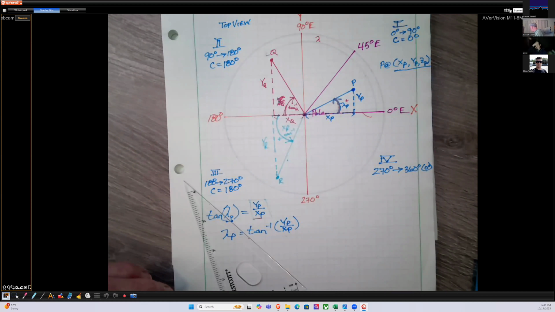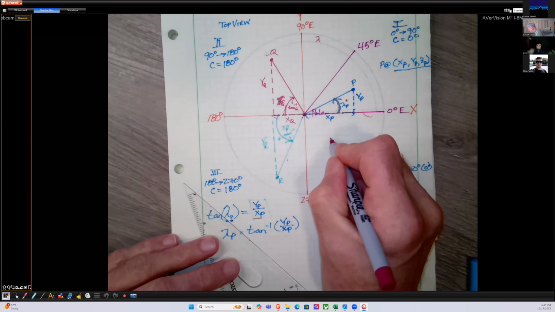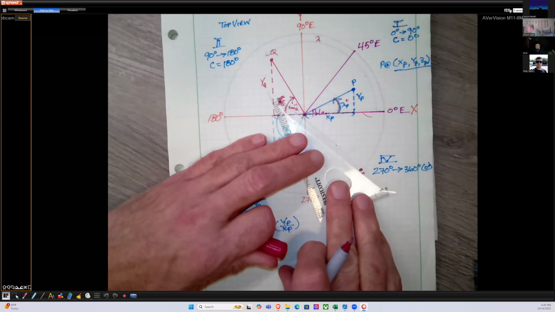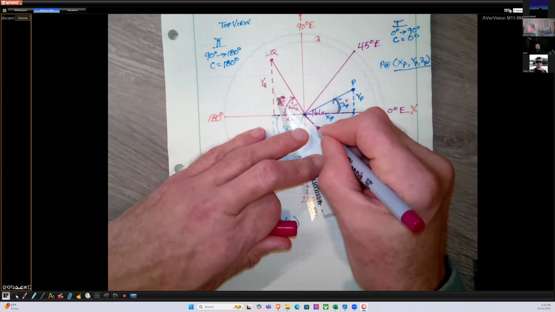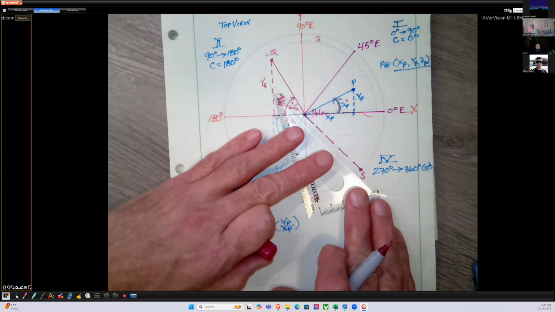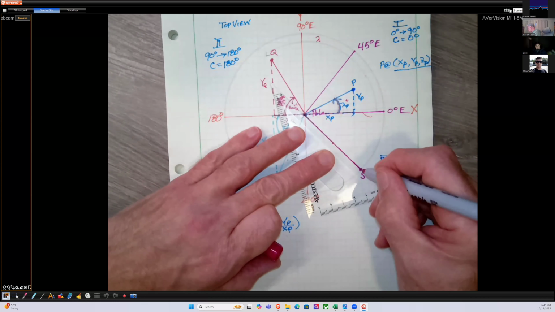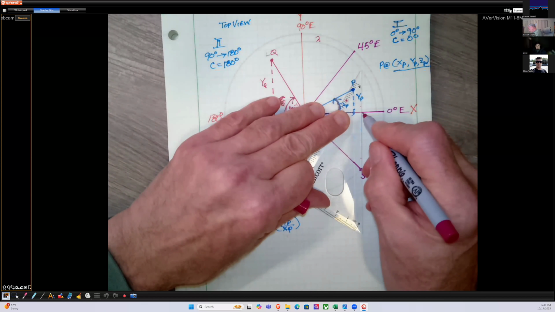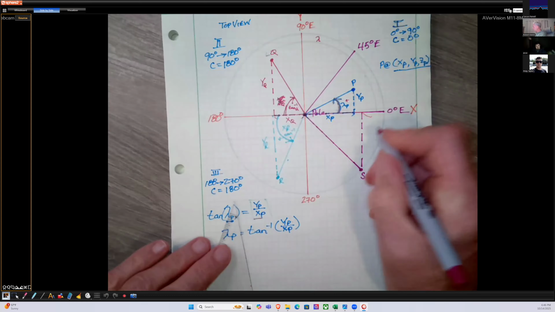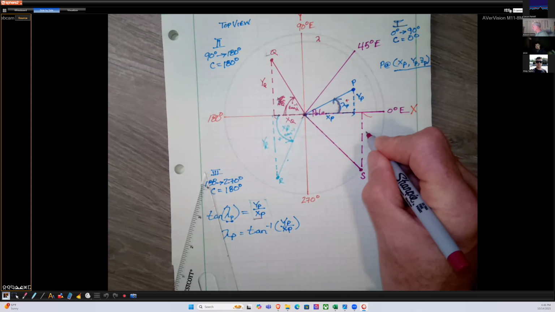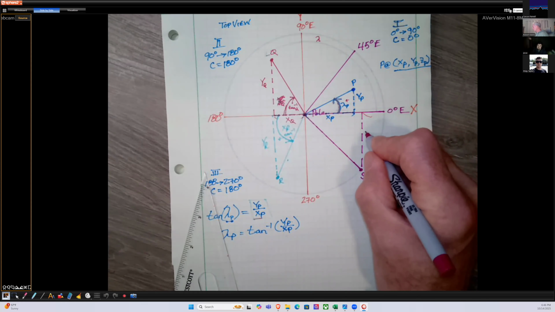So let's make this an S. Call this point S, and I'm going to put this on the surface here. This is my dashed line, Y sub S.